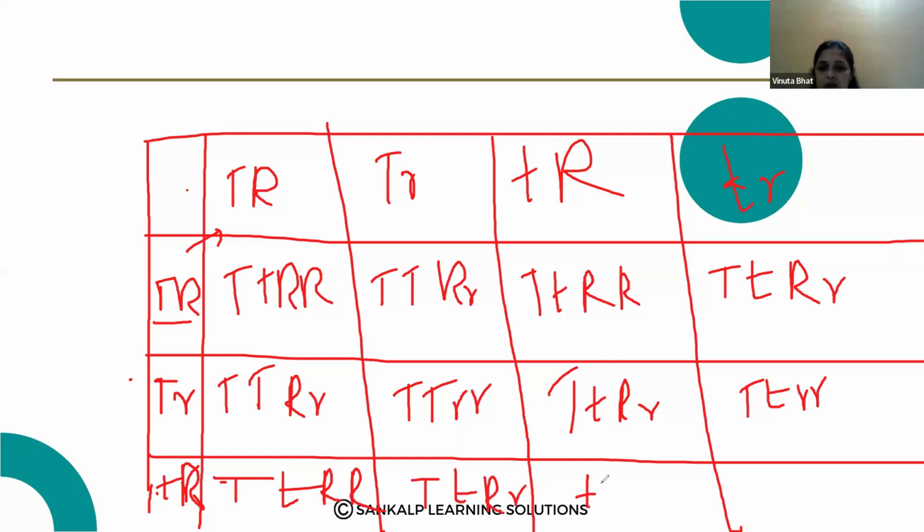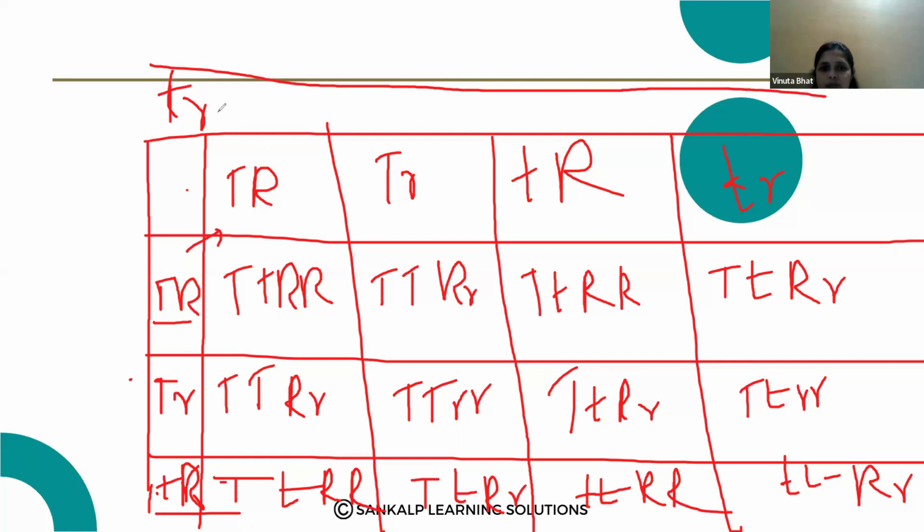Then small t capital R. Then small t capital R small r. Okay, the last is, oh, I will write here, small t and small r. I will multiply with this. Okay, capital T small t, capital R small r. That is also a tall and red color flowering plant.